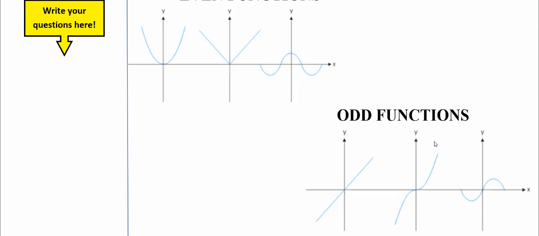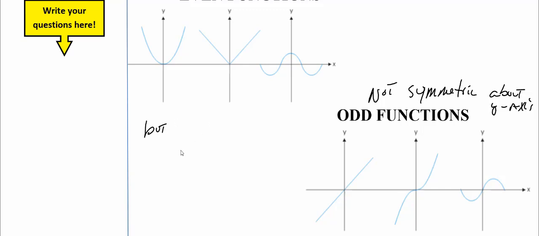What about odd functions, you might ask? Well, I'm here to tell you that they are not symmetric over the y-axis, but they are symmetric if you rotate them 180 degrees. It's called rotational symmetry.